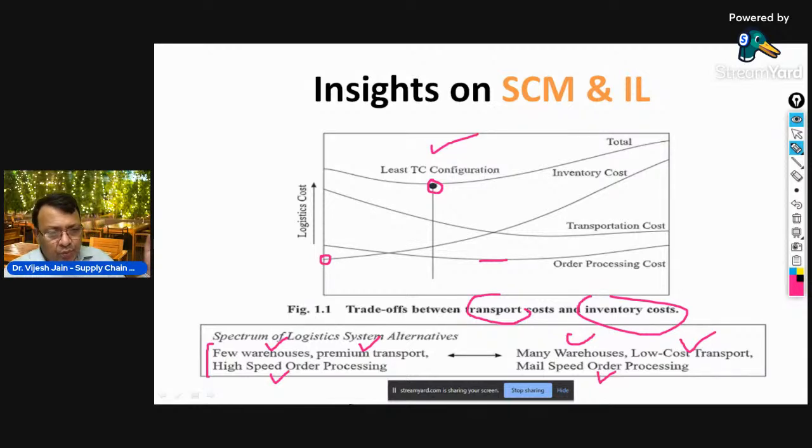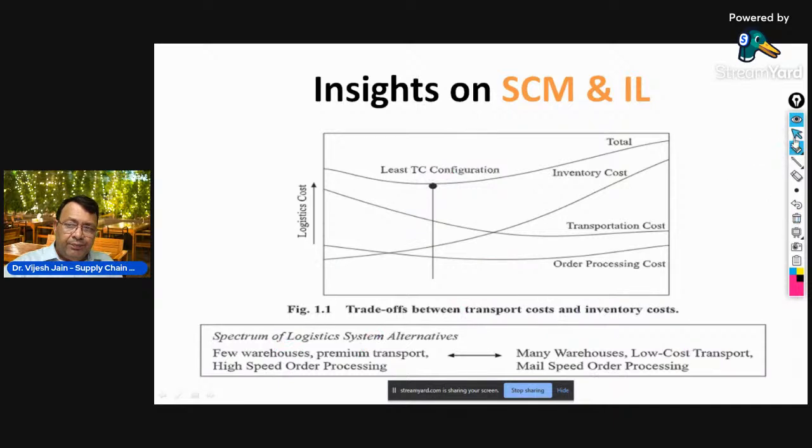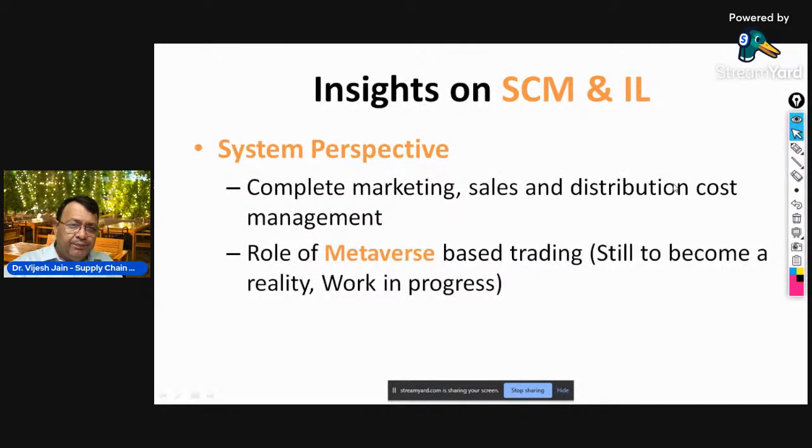So, what kind of trade-off is required to explore and discover the least transaction cost point? That's the objective of it.